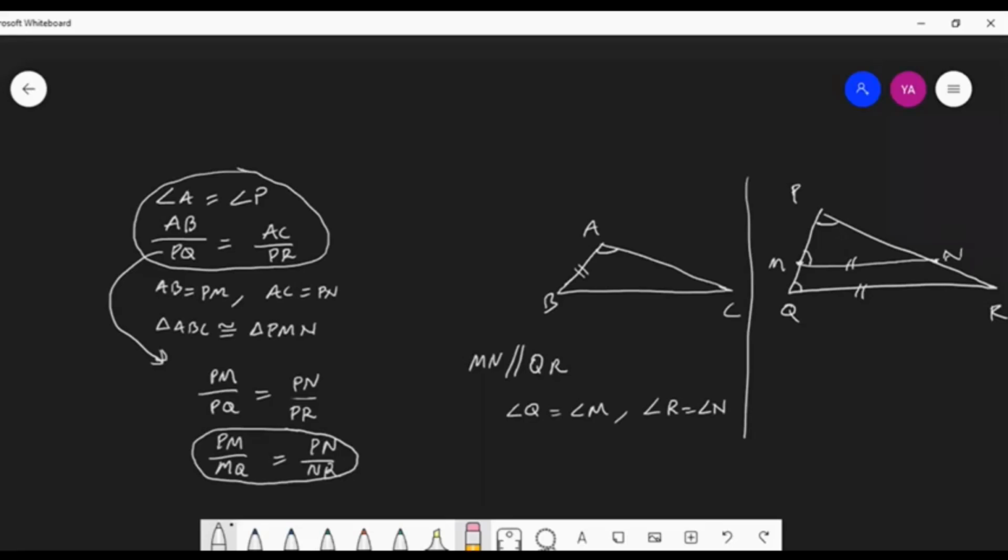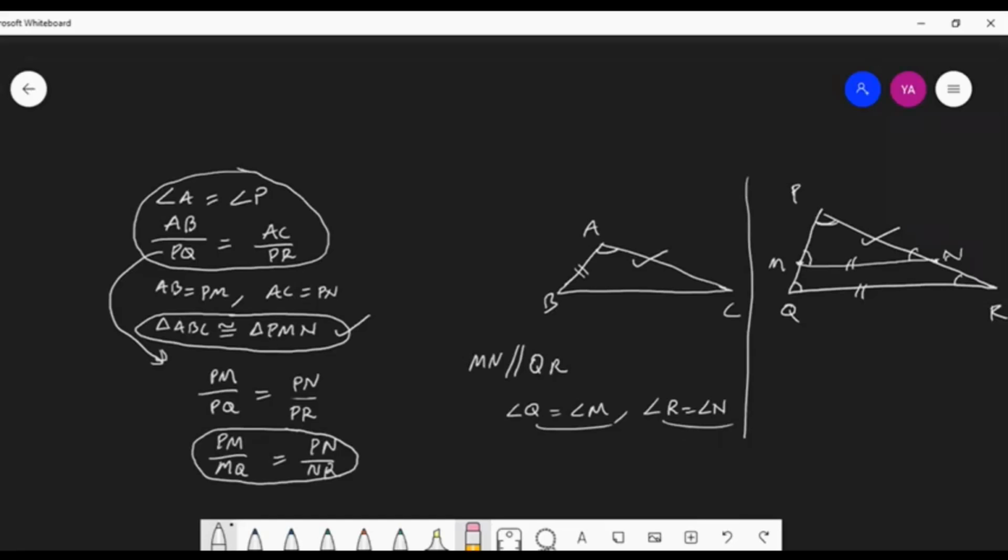In triangle PMN and triangle PQR, two angles are equal, I wrote here, and the third angles are common angle. So these two triangles are similar. Now look here, we have written triangle ABC is congruent to triangle PMN, and the angles of triangle PMN are equal to angles of triangle PQR.